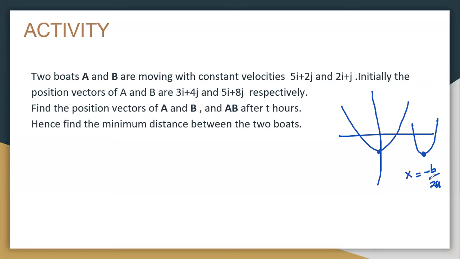But remember, this only works for a quadratic equation of degree 2. Even if your graph is like this, as long as you want to get this point where the curve is turning, first get your x, negative b out of 2a. The answer you get, substitute in your equation, then you'll be able to get that point.